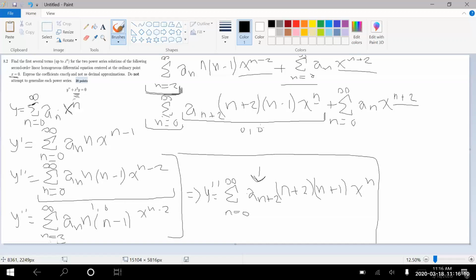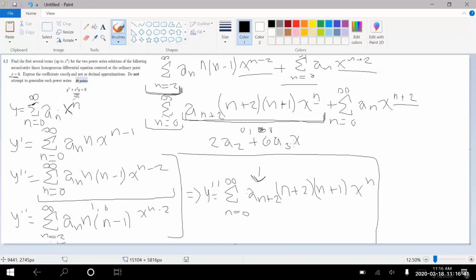When you evaluate this at 0, you're going to get 2a2, and when you evaluate it at 1, you're going to get 6a3, and then you still have a function of x in that. So keep that in mind.